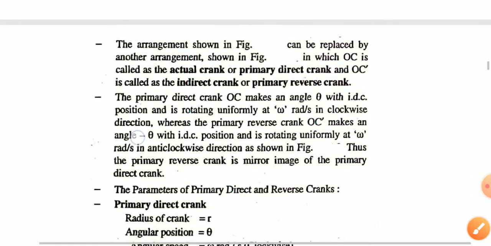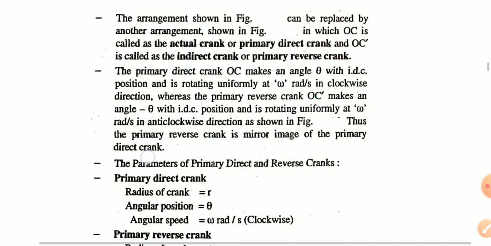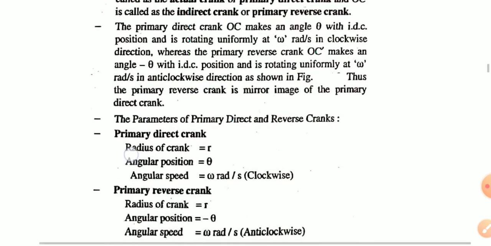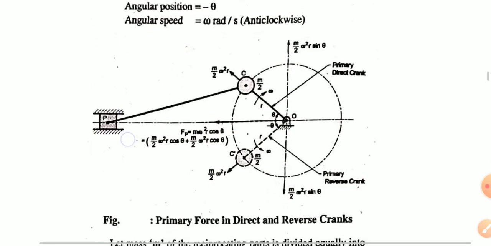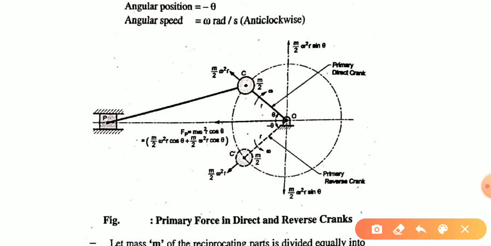Now the arrangement can be replaced with another arrangement that is shown over here. If we divide the total mass m into two parts, m by 2 and m by 2, here it will be theta and here it will be minus theta.